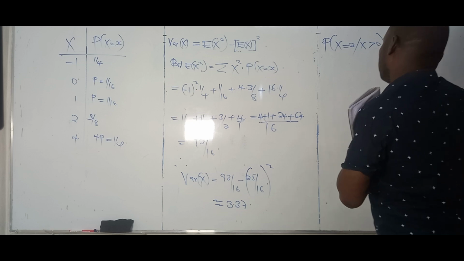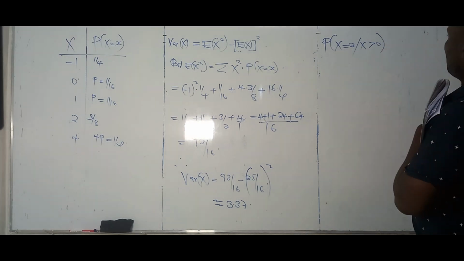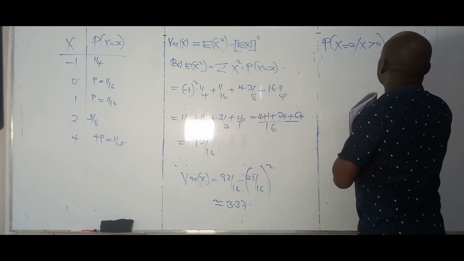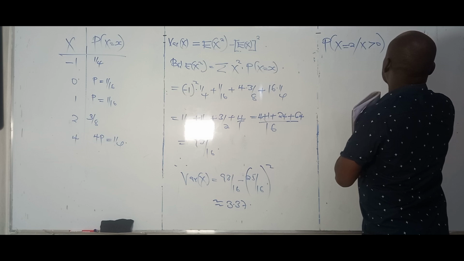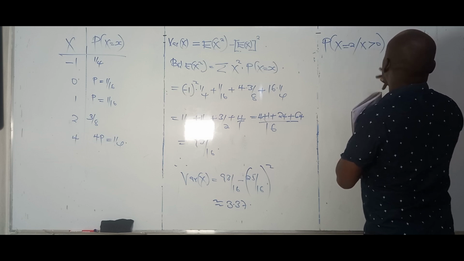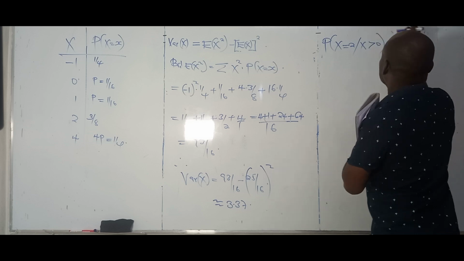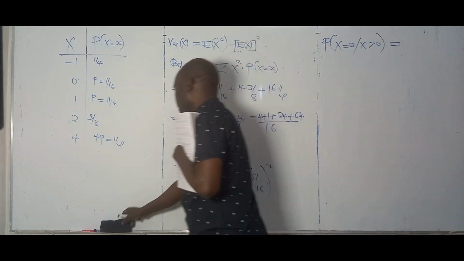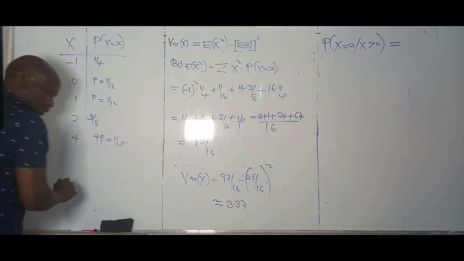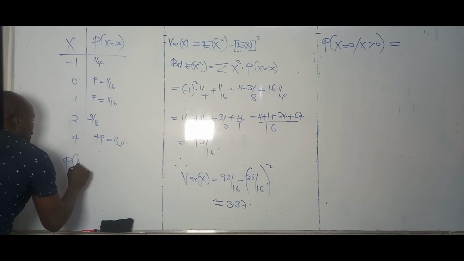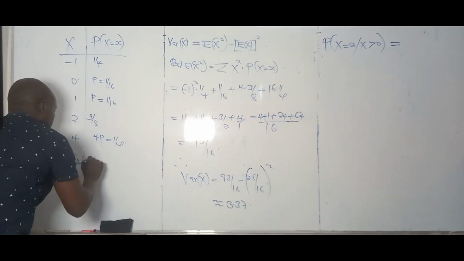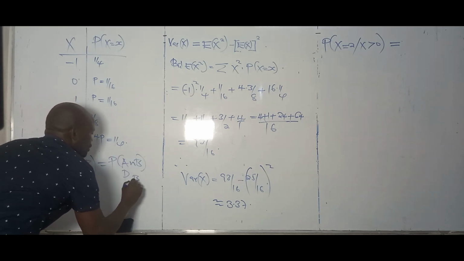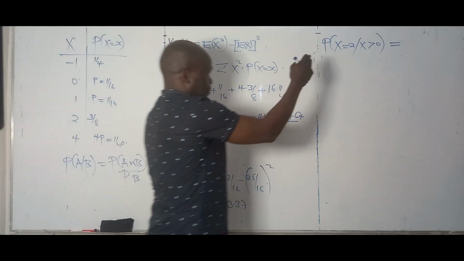Now this is a conditional probability. In general, the probability of A given B is equal to the probability of A and B over the probability of B. That's what we have generally, but now I want to apply it here.